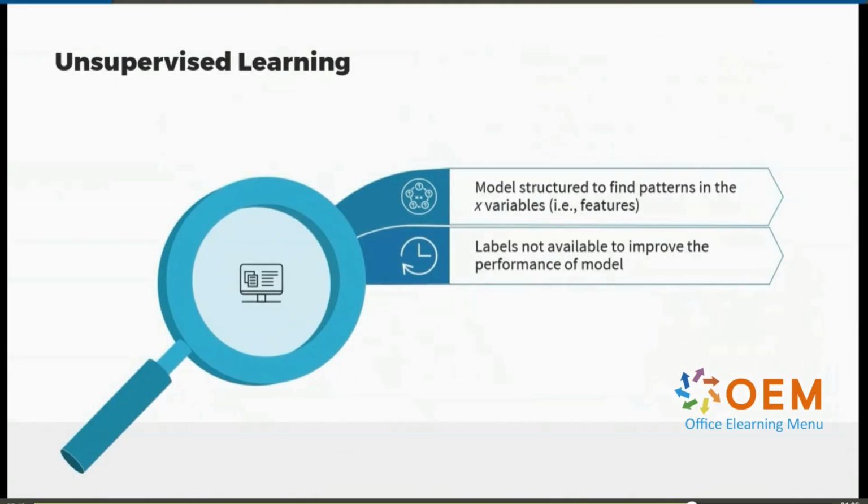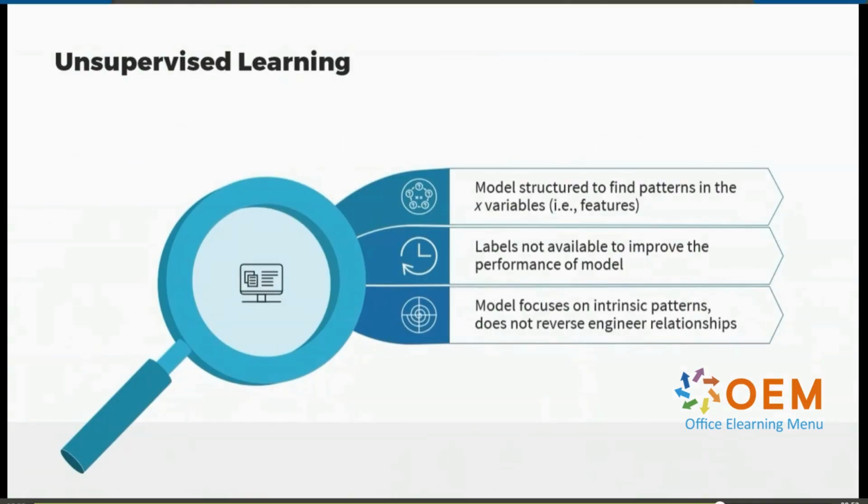The model cannot look at the prediction that it has made, compare it to the actual labels, and see how it can improve. It has to just look at the data that it has and find patterns in that data. In unsupervised learning techniques, the model focuses on intrinsic patterns that exist in the data and does not seek to reverse engineer any kind of relationship.